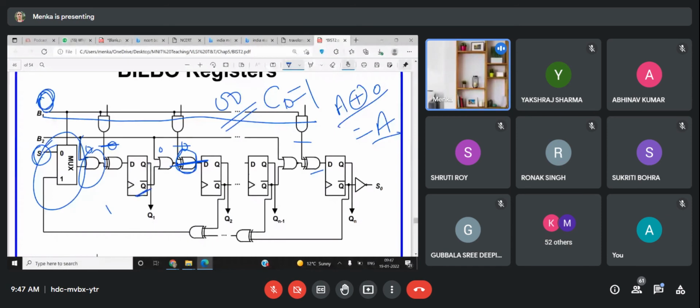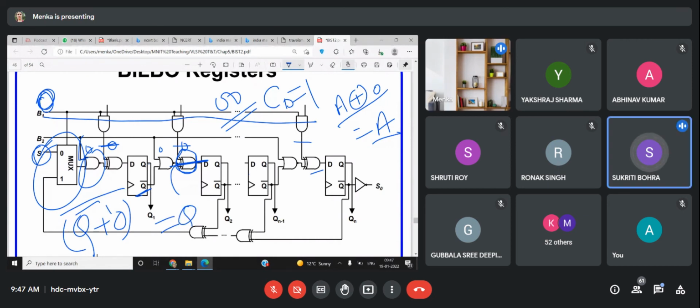Right? So what will be the output? Q bar plus 0 and whole bar of it. What will be the output? Q, right? Yes or no? So can I say that I can have a direct connection from this to this effectively?